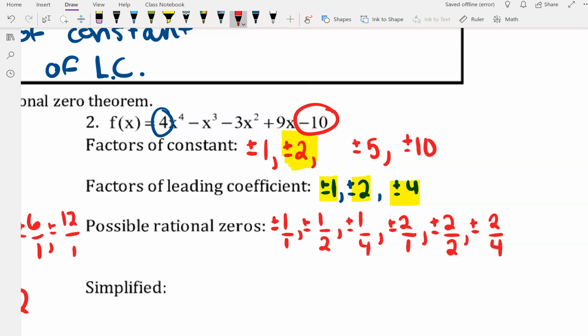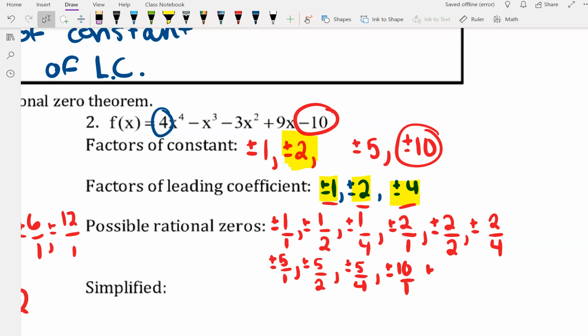So I'm going to do 5 over 1, then 5 over 2, then 5 over 4. And lastly, I'll do 10 over all 3 of these. So plus or minus 10 over 1, plus or minus 10 over 2, and plus or minus 10 over 4.